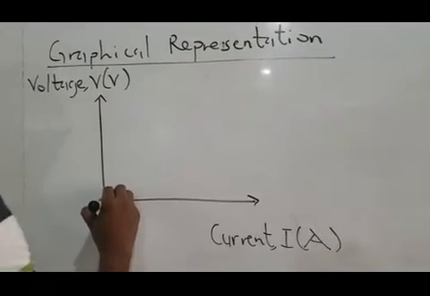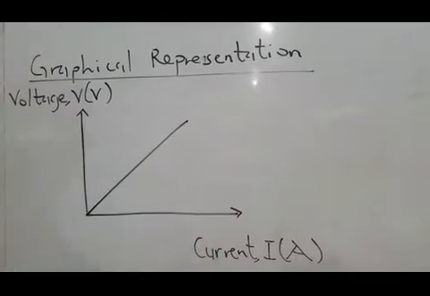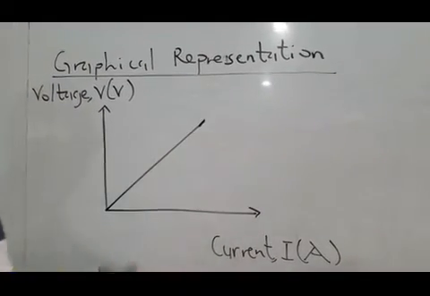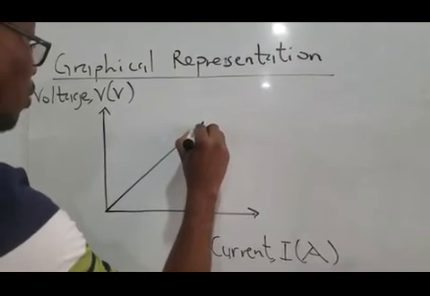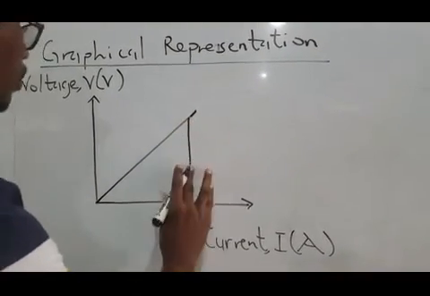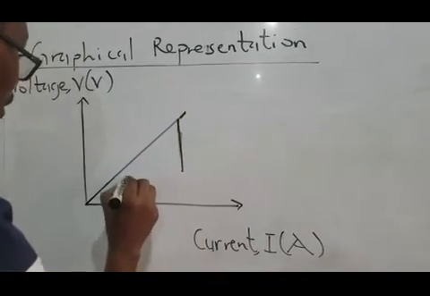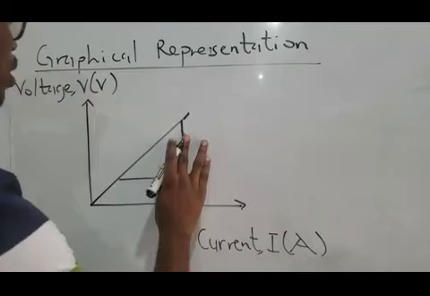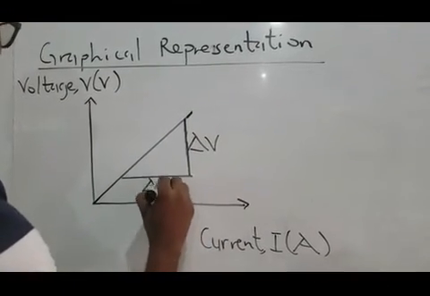This gives a linear graph of this nature. And then if you are supposed to determine the slope of this, this is change in V against change in I.